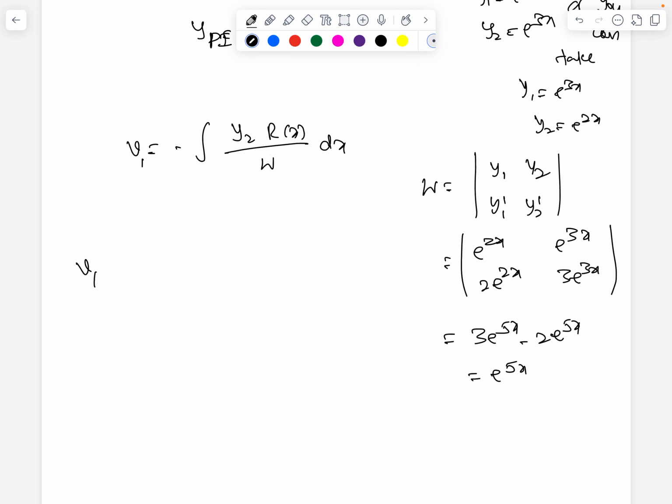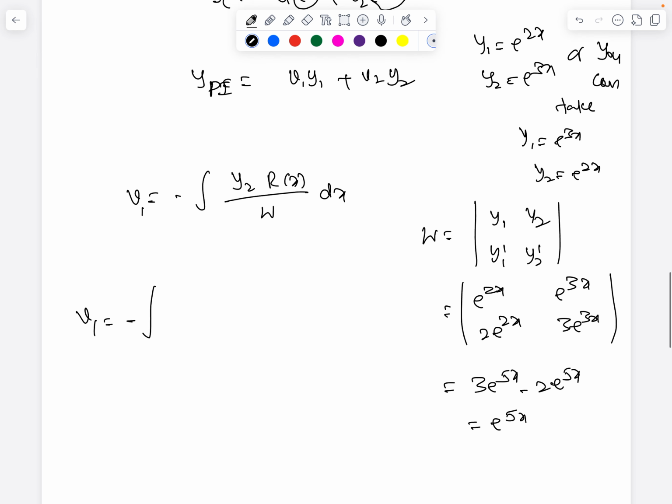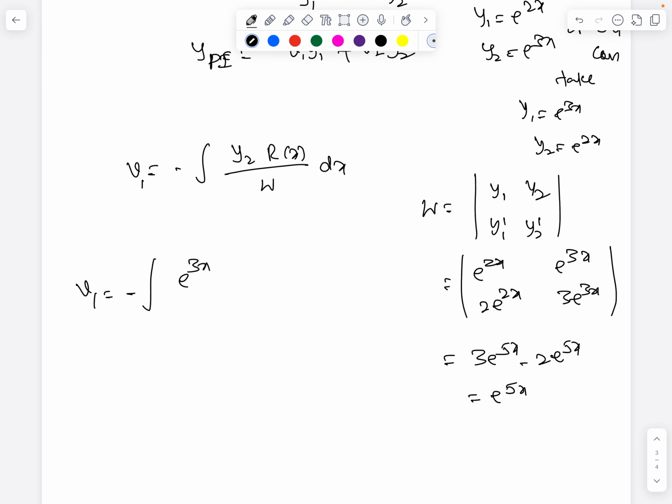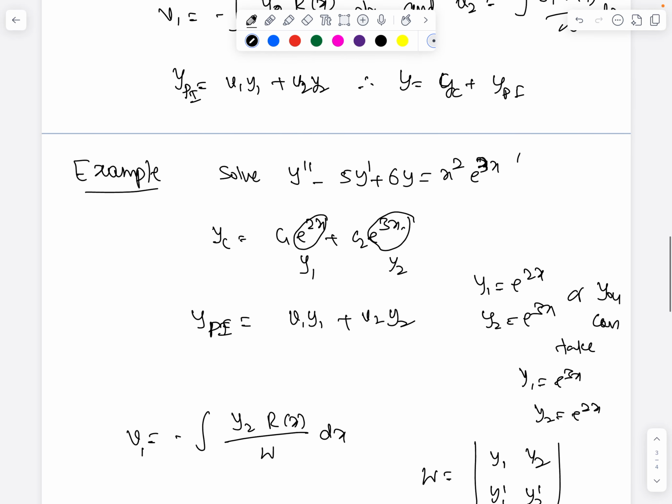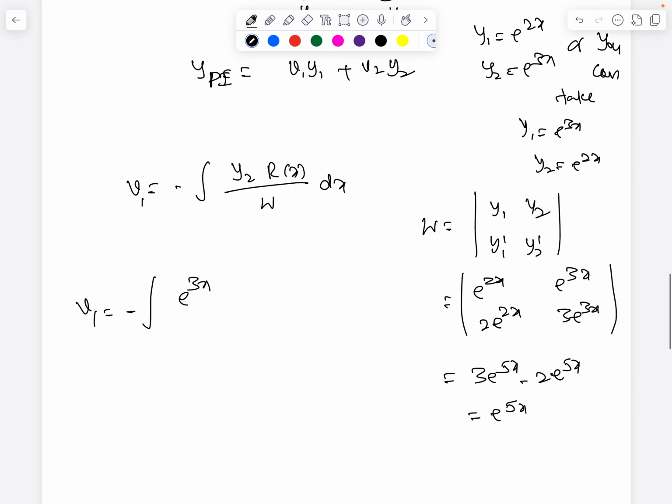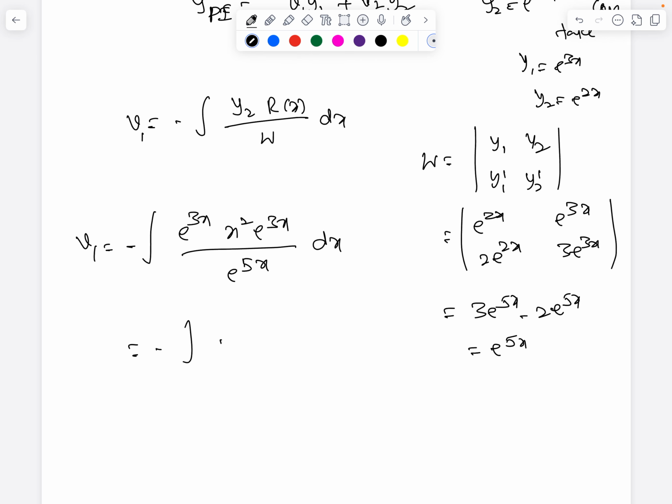Now you substitute: minus y2, which is e power 3x, and r of x, which is given as x square e power 3x, divided by e power 5x, into dx, which is actually minus integral of x square e power x dx.